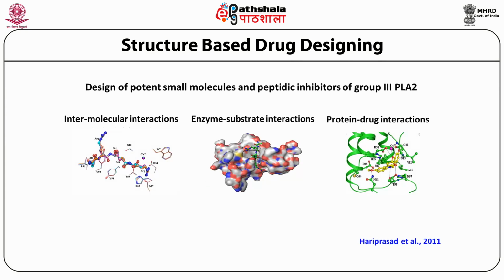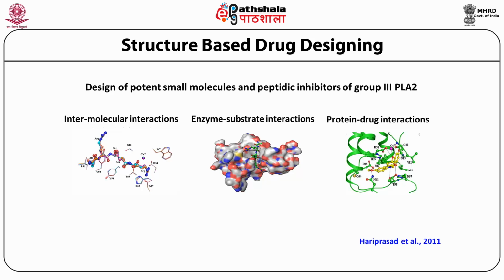Protein structure prediction becomes important for drug designing. In this example, I have shown that an understanding of the drug target from a three-dimensional perspective becomes very important to understand the intermolecular interactions that could possibly be between the ligand and the protein, the enzyme-substrate interactions, and finally the protein-drug interactions.